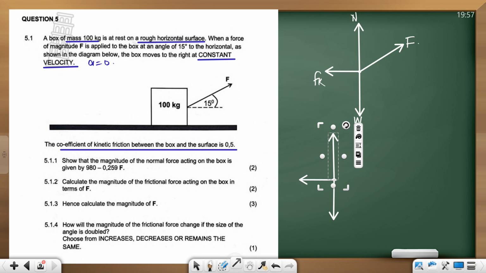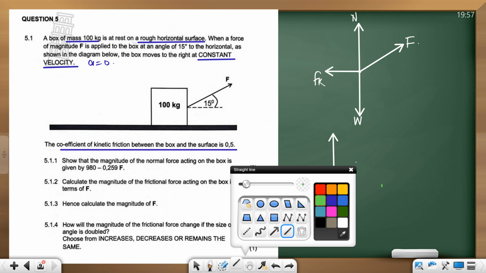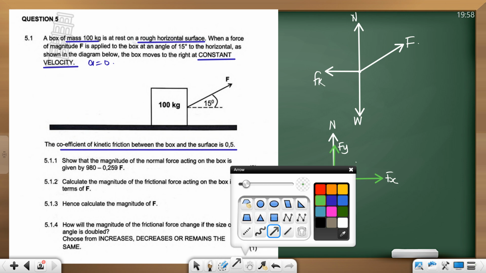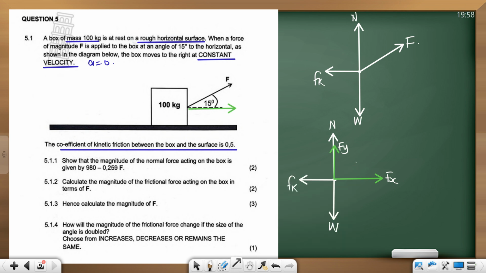Now, I have my normal force. If I were to resolve this, one component goes to the right and one goes up. So I have my normal, my Fy, my Fx, and my weight. Guys, we're repeating this in all the questions we've done. Now that I have my 15 degrees, if I go to my diagram and do the same, my right and my up, and I have my 90 degrees: Fy, Fx.